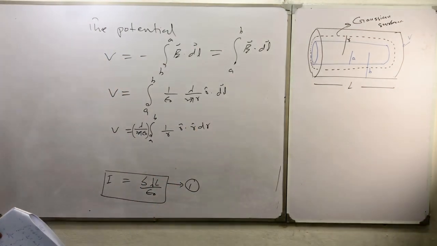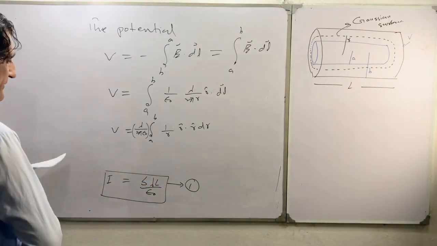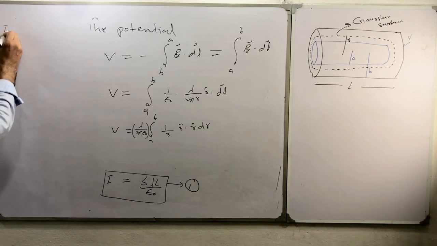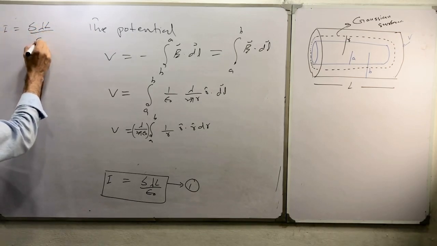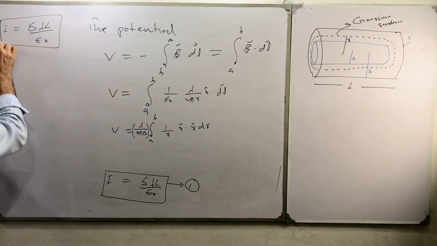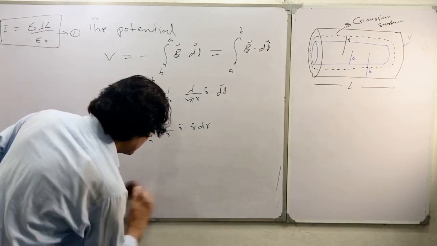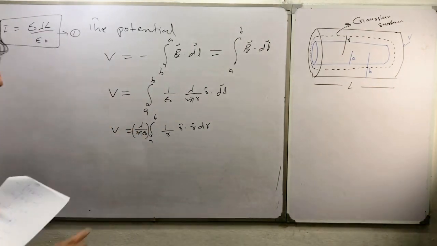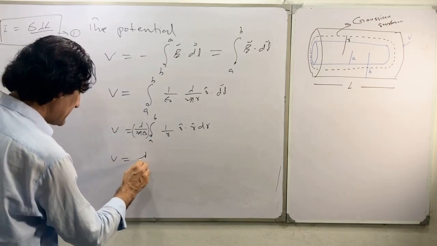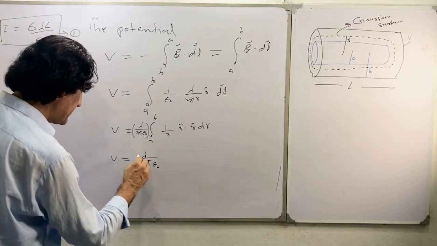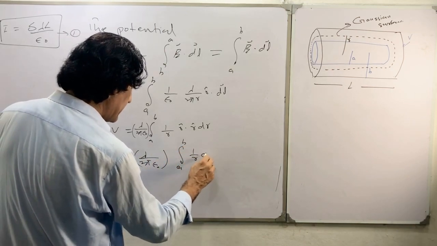I don't want to remove equation 1, so I will erase this part. Okay, so r hat dot r hat is equal to 1, and we get lambda over 2 pi epsilon naught, integral from A to B of 1 over r dr.